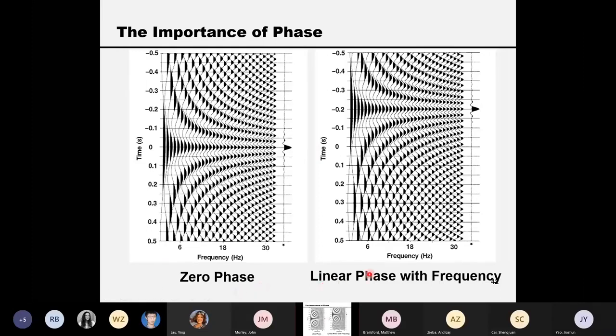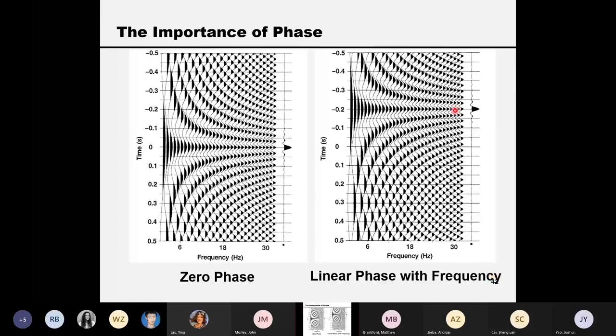If the phase is linear with the frequency, you remember when we talked about the z operator, it's e to the i omega delta t. Delta t is constant. Omega is 2 pi f, right? If it's linear with f, we only change the delta t by multiplying by a number in front, but 2 pi f is unchanged.